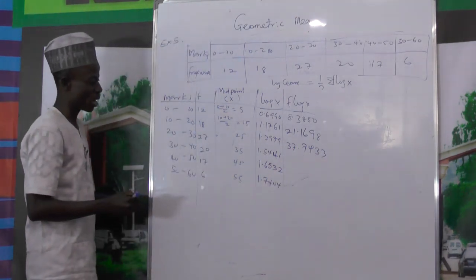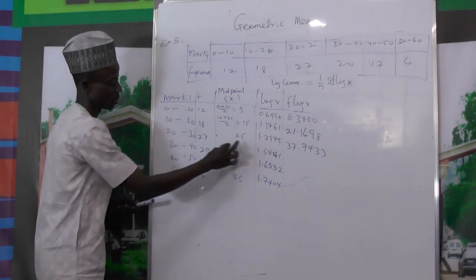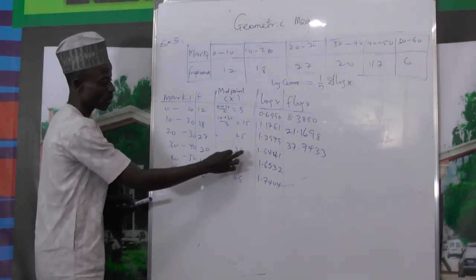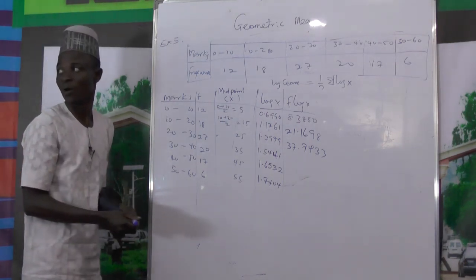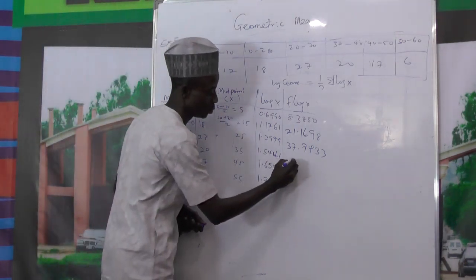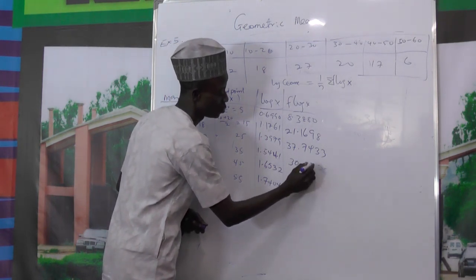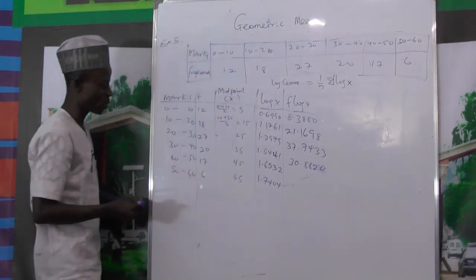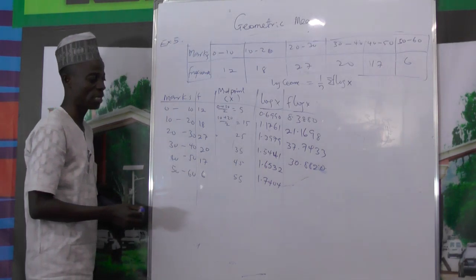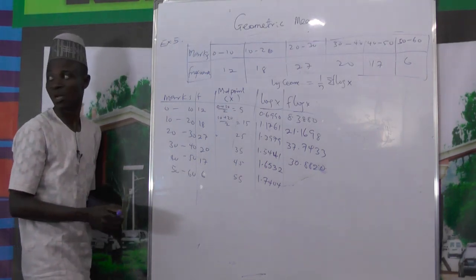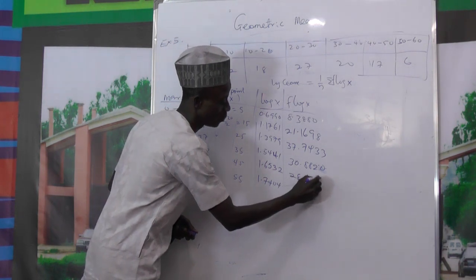So the next one, which is 20 multiplied by 1.5441, will give us 30.8820. Then the next one will be 17 multiplied by 1.6532, which gives us 28.1044.